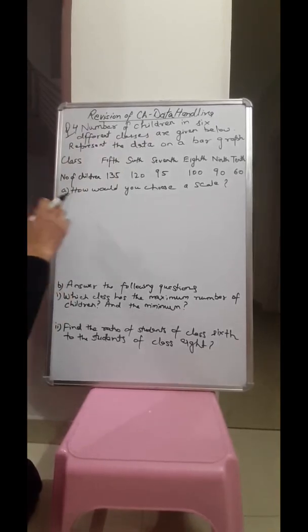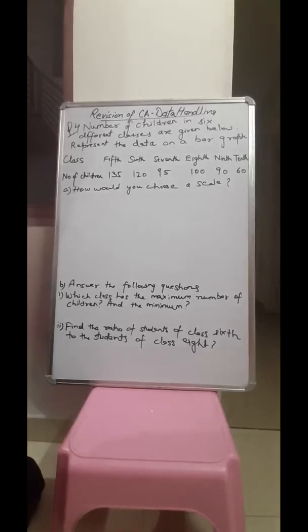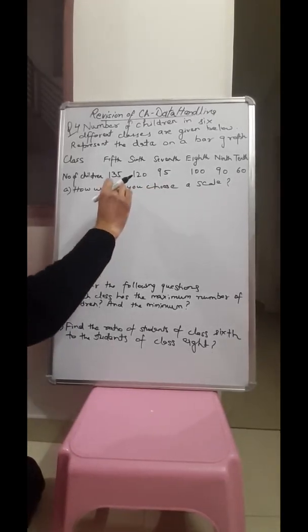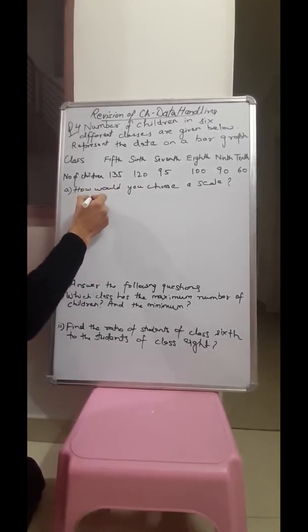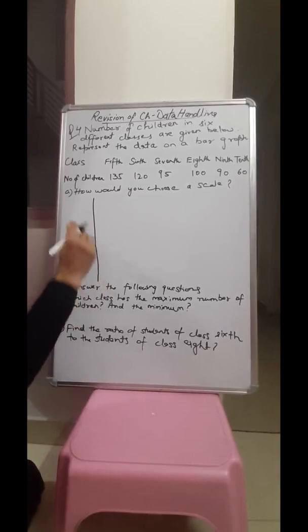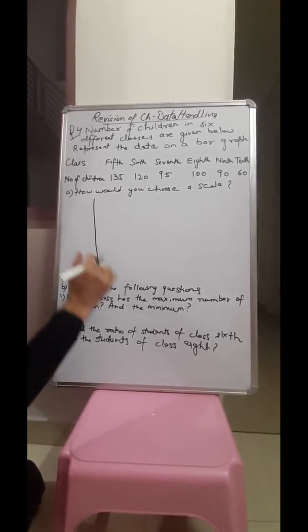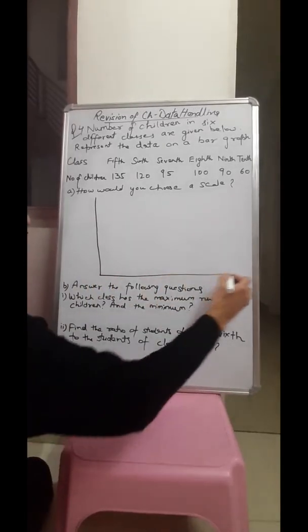First, in part A, they are asking how you would choose a scale. Scale means that while drawing a bar graph, you are going to draw one line vertical and a second line horizontal.